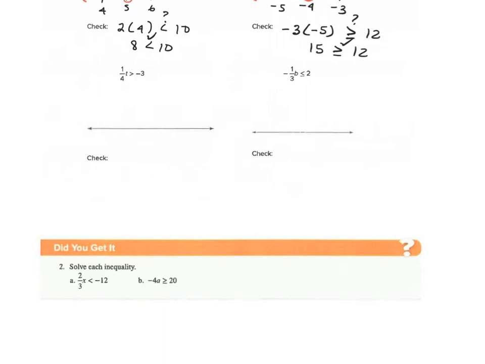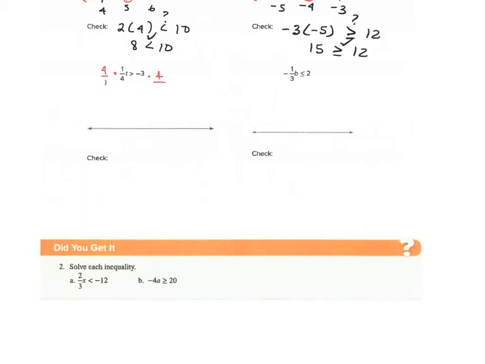Okay, next we have 1/4 times t is greater than -3. So if they're multiplying t times 1/4, how do we undo multiplying by a fraction? Well, we have to divide by it, so when you divide by a fraction, recall that you must multiply by the reciprocal. The reciprocal of 1/4 is 4/1.